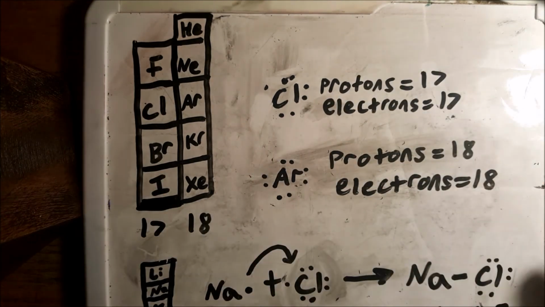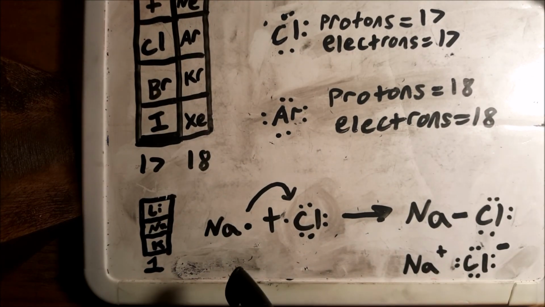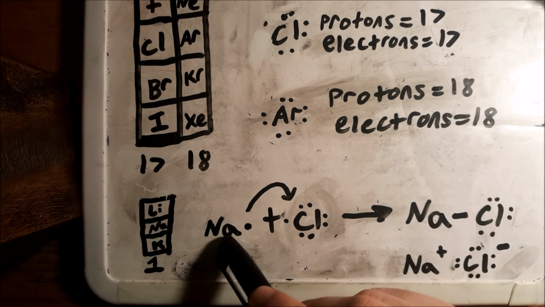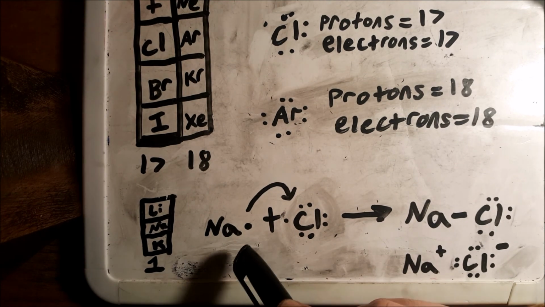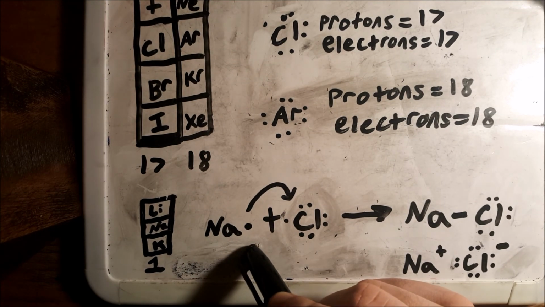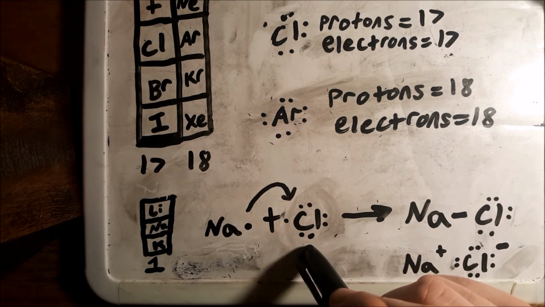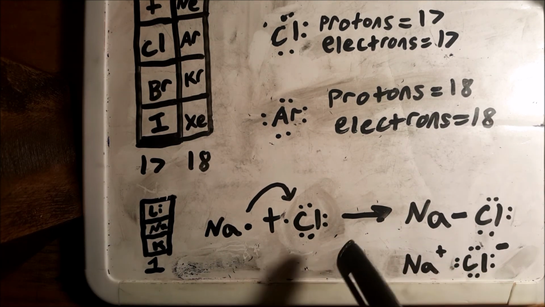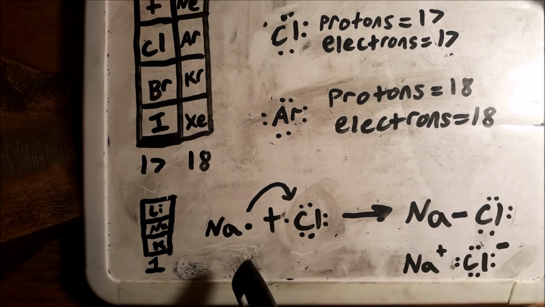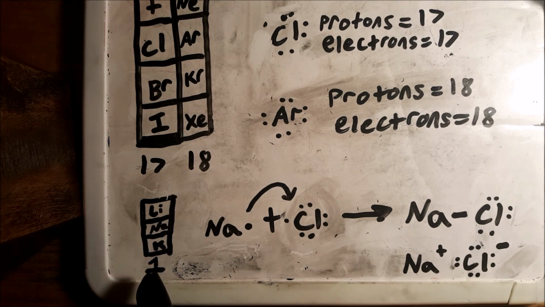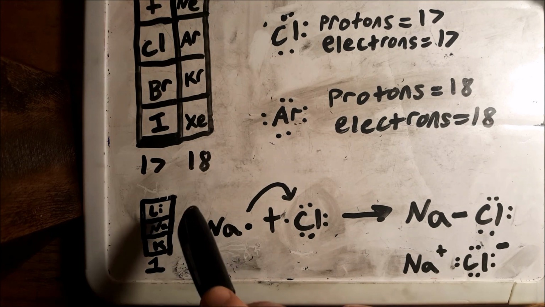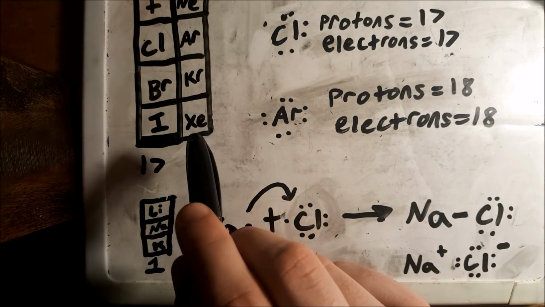So to get this one electron, it is going to bond to something that can give it one electron, like sodium. Sodium, in its neutral state, has one valence electron. Chlorine, in dire need of this one electron, will ionically bond to the sodium, rip this electron away from sodium, and form sodium chloride.